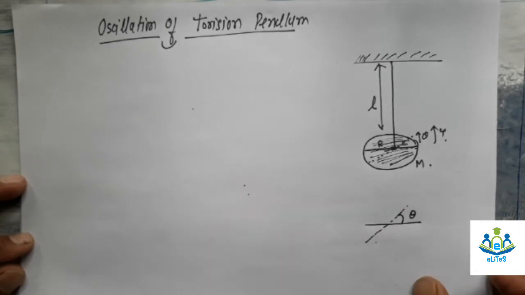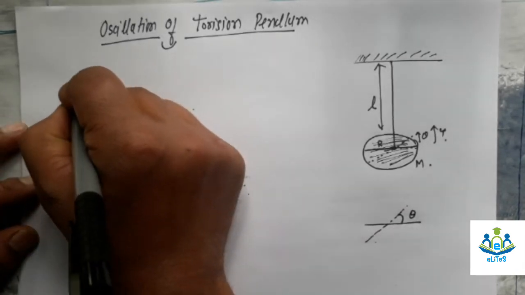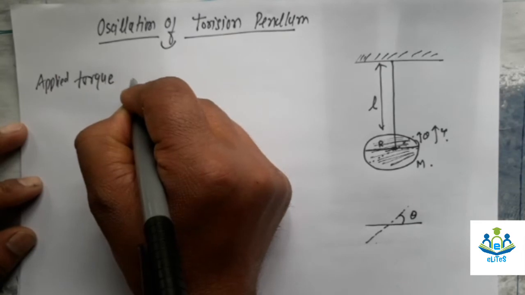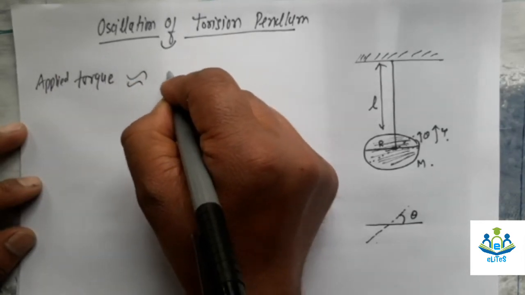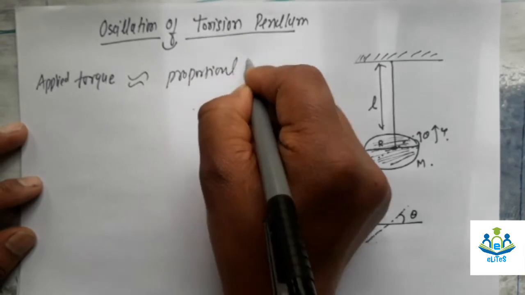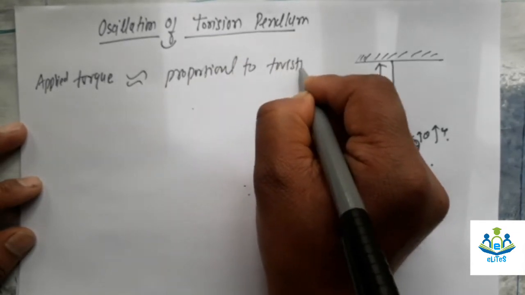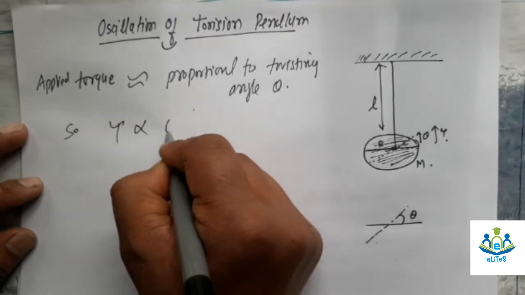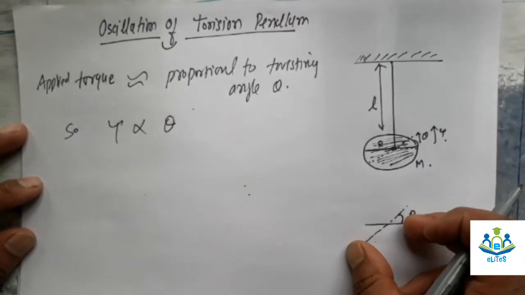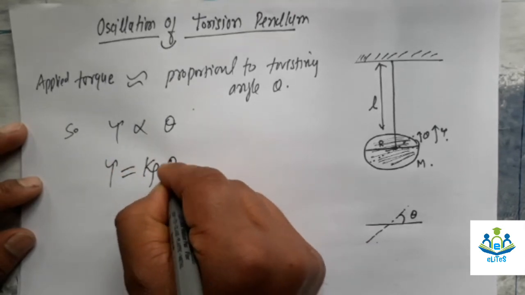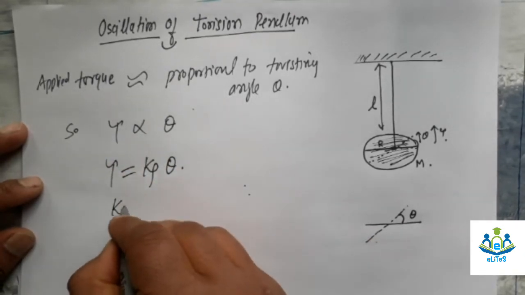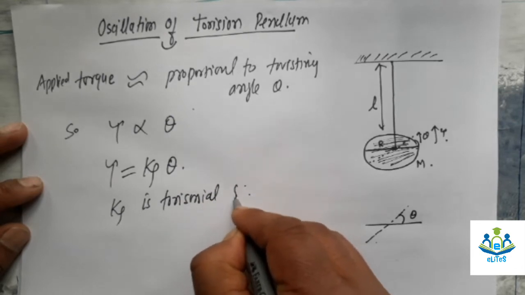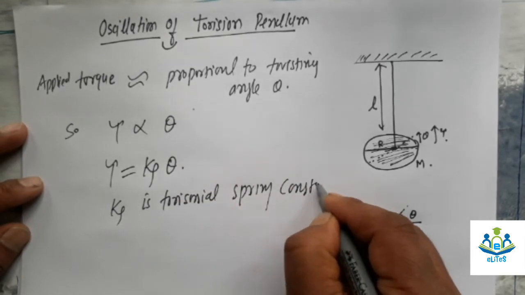So the applied torque is proportional to twisting angle theta. So torque is directly proportional to theta, as you see here. So torque is some constant times theta. This is k, kappa, known as the torsional constant, just like a spring constant.